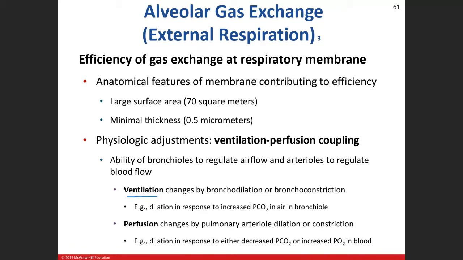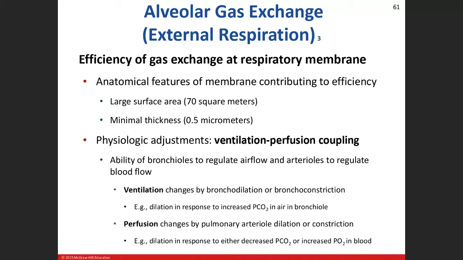If they're constricted, they meet more resistance, and as you know from our flow equation, flow equals the difference in the pressure gradient divided by resistance. You increase the resistance, you decrease the flow. So one way to increase the resistance is to cause bronchoconstriction. For example, if we bronchodilate the bronchioles there, we will get an increase of carbon dioxide. Well, excuse me.